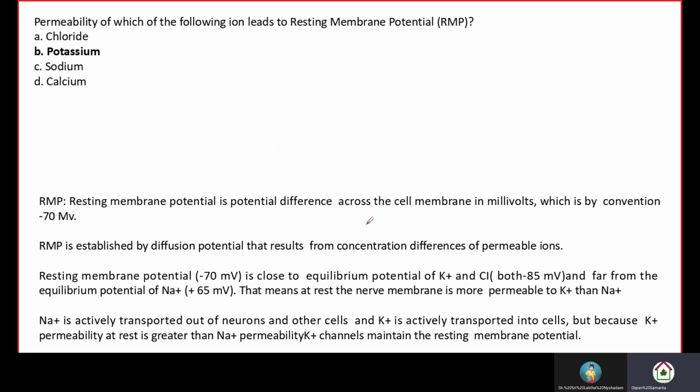Resting membrane potential is the potential difference across the cell membrane in millivolts, which is conventionally minus 70 millivolts. And it is established by diffusion potential that results from concentration difference of permeable ions.